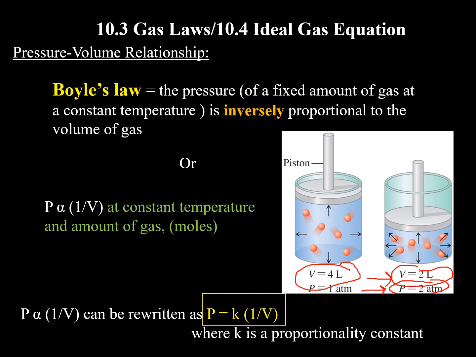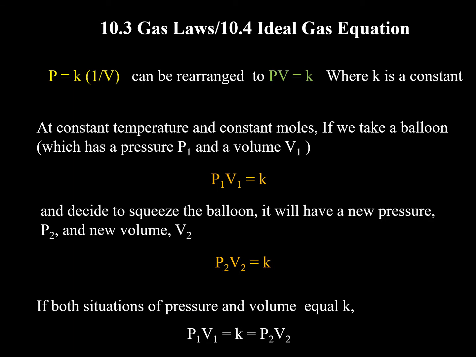So we can write P is proportional to 1 over V, and it can be written as P equals K divided by V. For this proportionality, we can turn it into an equal sign by providing a constant. If we had a balloon or a piston, with P1, V1, this balloon had a certain pressure and a certain volume, which equals the constant.